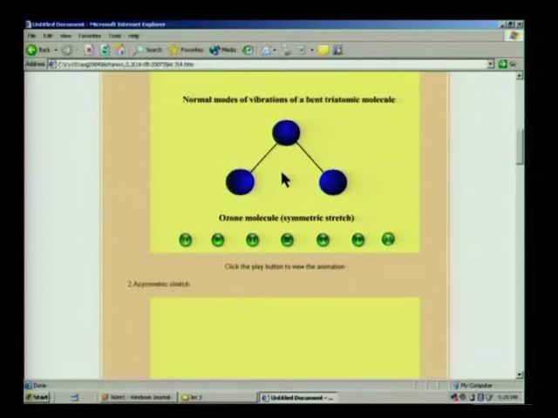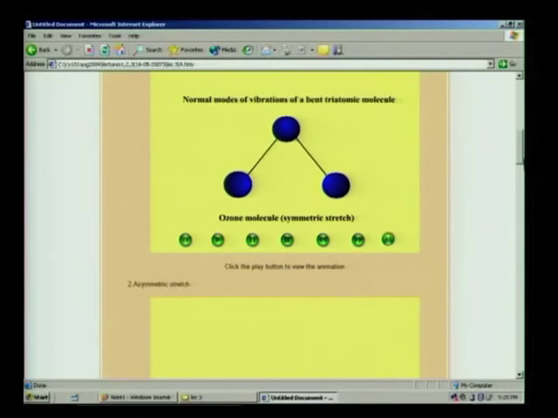If you look at the vibrations carefully, you see that the molecule does not translate, it does not seem to rotate, but the center of mass remains where it is, right in the middle. A genuine vibration, a normal mode of vibration, is one in which the center of mass does not move and the atoms are displaced relative to each other in a certain fashion. Okay. Symmetric stretch is one of the 3 normal modes.